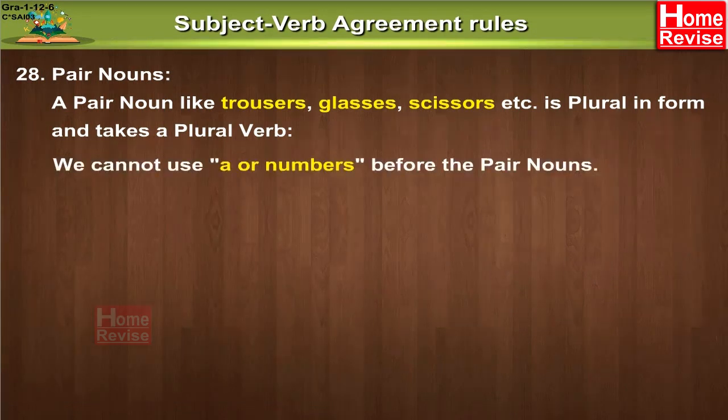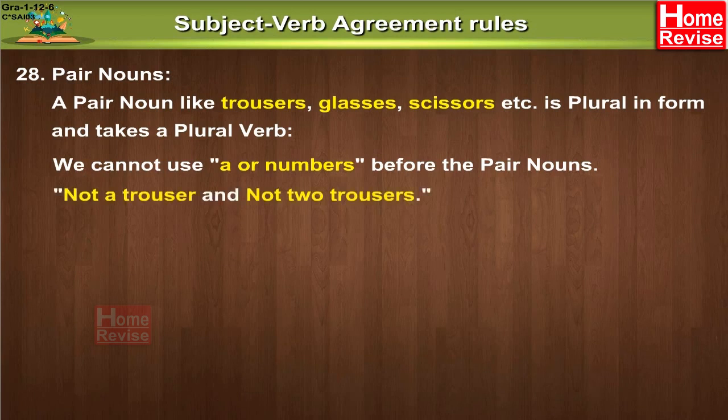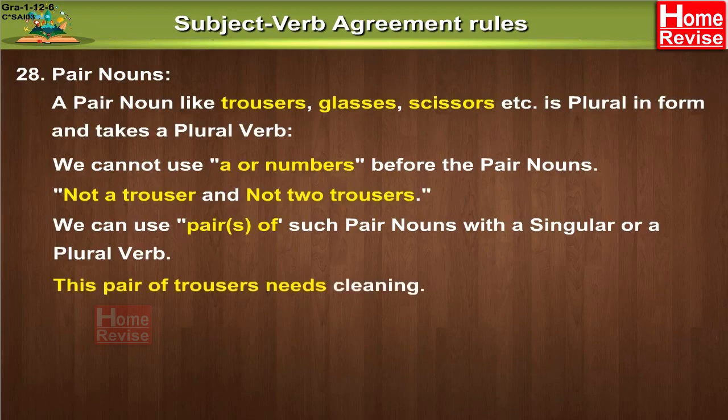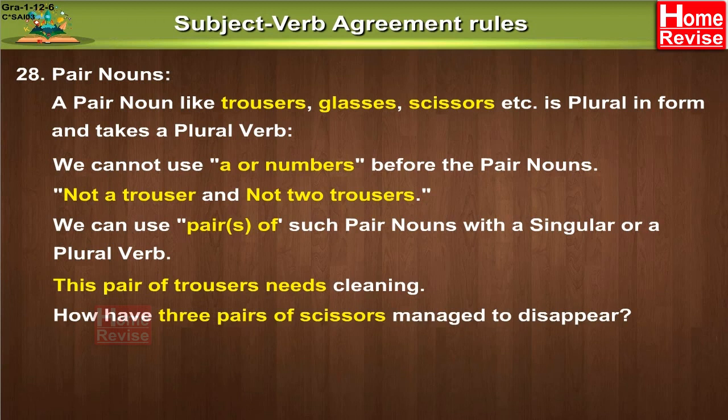We cannot use a or numbers before the pair nouns. Not a trouser and not two trousers. We can use pair or pairs of such pair nouns with a singular or a plural verb. This pair of trousers needs cleaning. How have 3 pairs of scissors managed to disappear? John Eastwood.